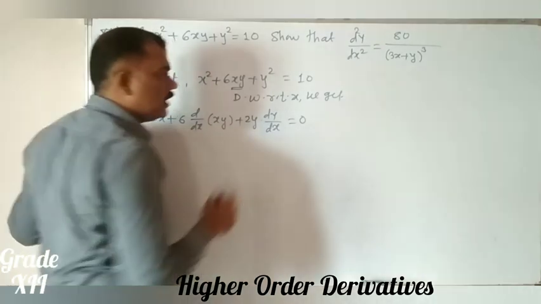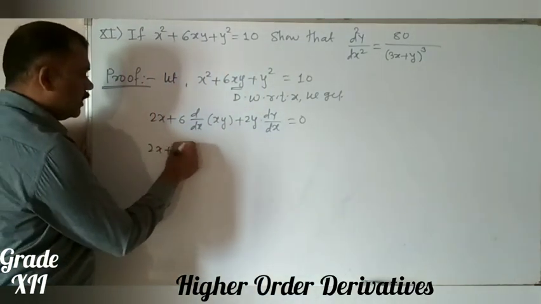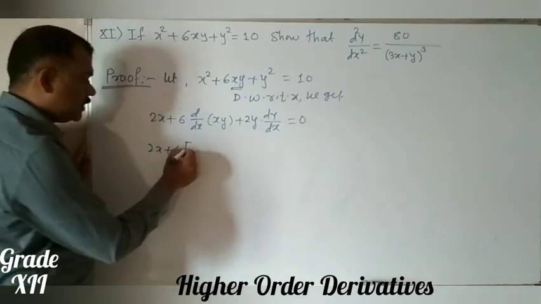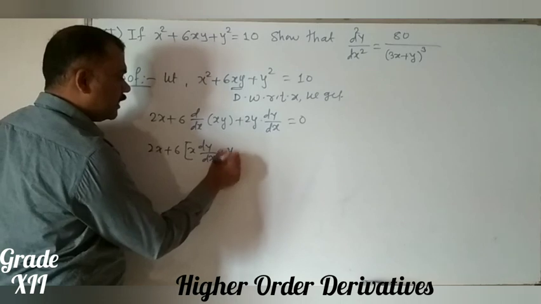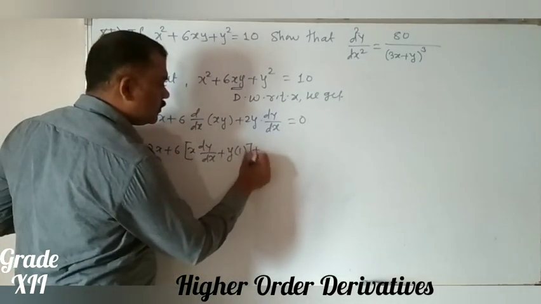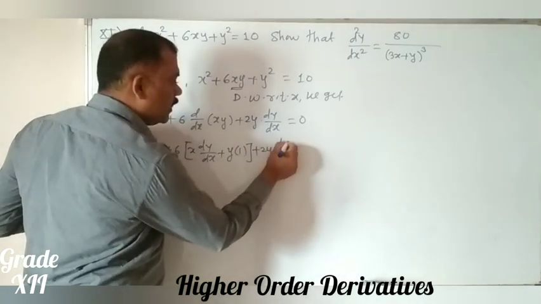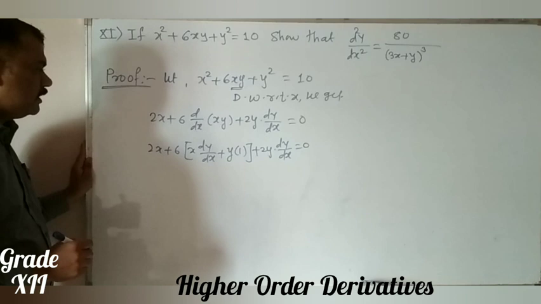There is a constant, so its derivative is 0, so 2x plus 6, here we have to use the product rule. First function as it is, derivative of second, x into dy by dx, plus second function as it is, derivative of first, y into 1, plus 2y into dy by dx is equal to 0.